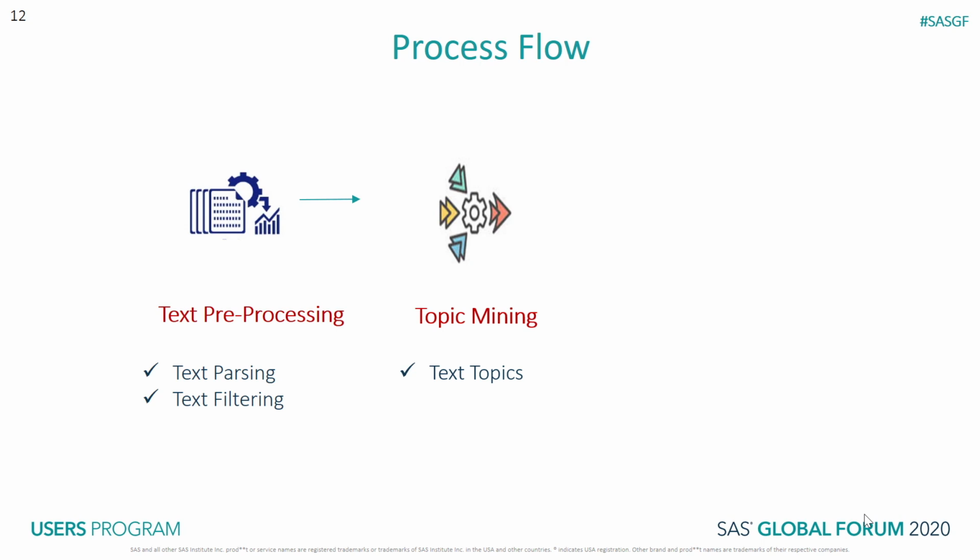Topics are collections of terms that describe and characterize a main theme or idea. Using a score assigned to each document and term to each topic, the text topic node determines whether the document or term belongs to that topic by checking against a threshold score.